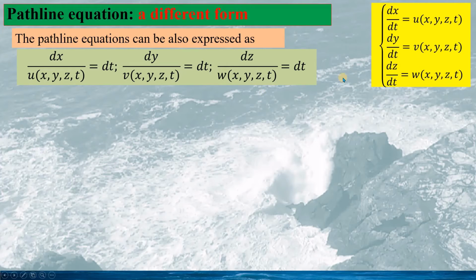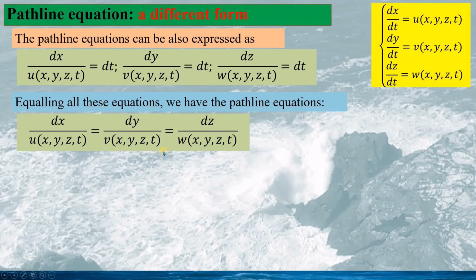Based on its definition, we can write the equation in a different form: dx over u is dt, dy over v is dt, and dz over w is dt. Equating all these, we have a different form of the pathline equation given as this.